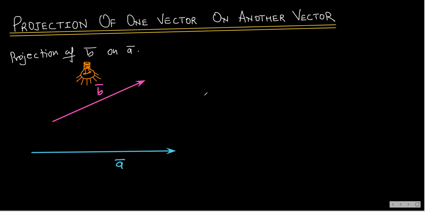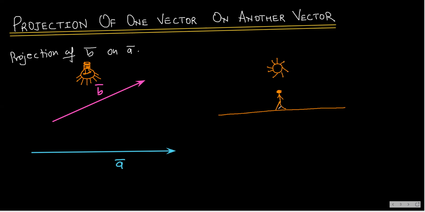Like you think of you standing on a road, and the sun is over your head perpendicularly. Now what happens when the sun is exactly over your head?